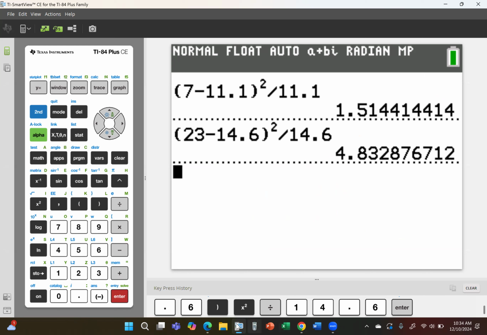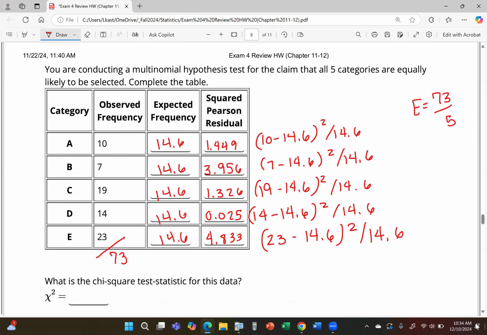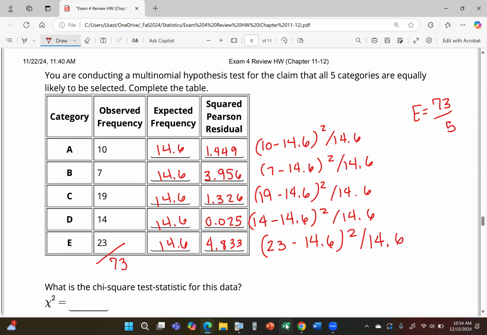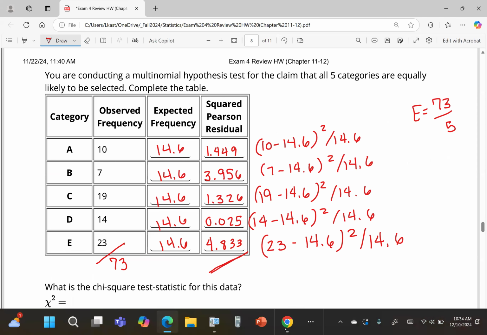So now that we have all the squared Pearson residuals, we're going to add that squared Pearson residual column. Check my math. I got 11.589.